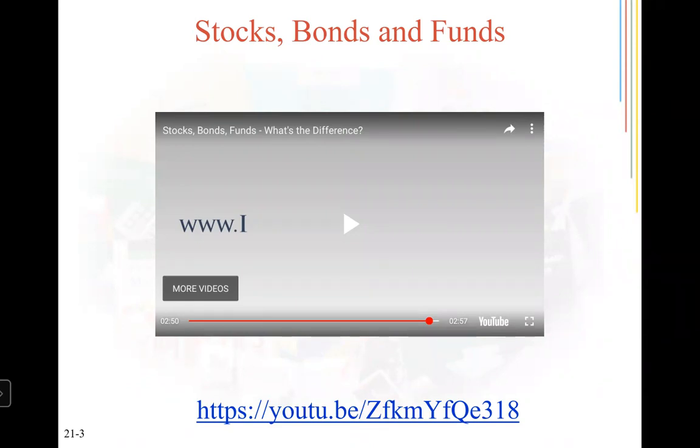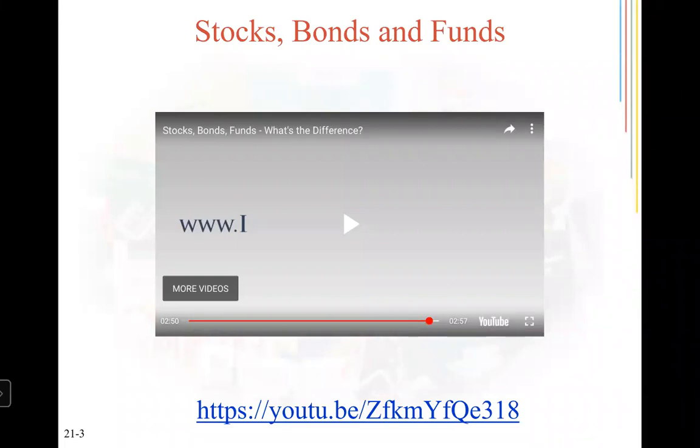So stocks, bonds, and mutual funds are three forms of investment. And of course, the aim of an investment is to make a profit. Nowadays, many banks are not paying any interest, and so many people are looking for other ways to earn from their savings.